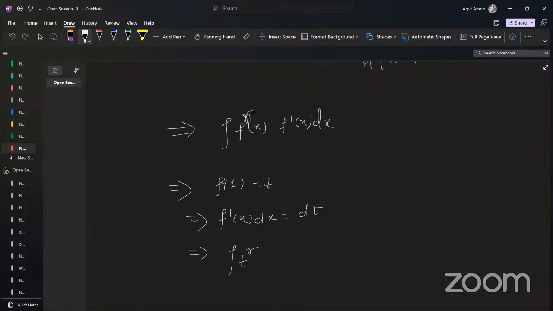Suppose this is r, not n. r can be anything, r belongs to the real numbers. So just put f(x) equals t. Then you get t raised to the power r, and f prime x dx is my dt. So it will be t raised to the power r dt.